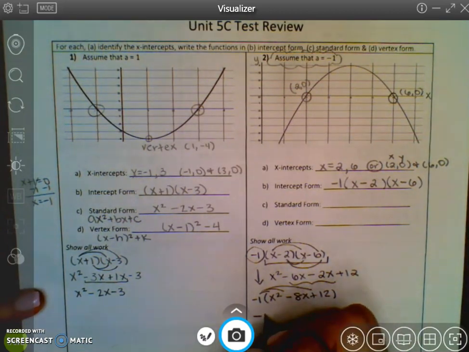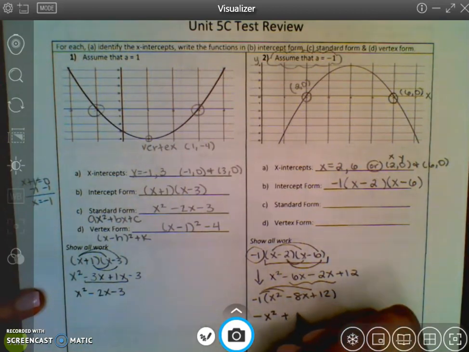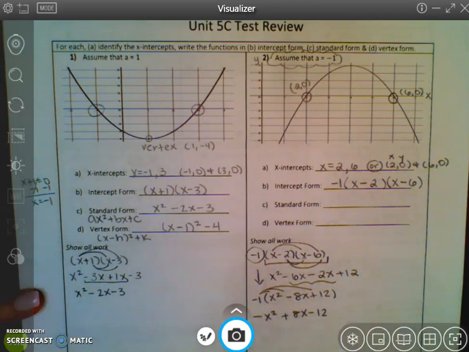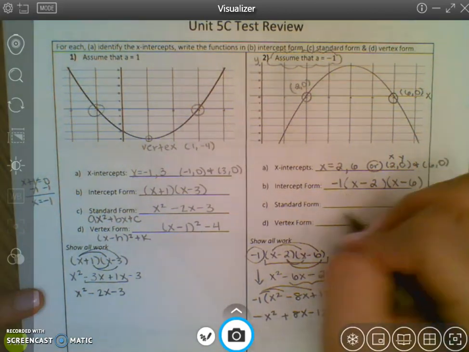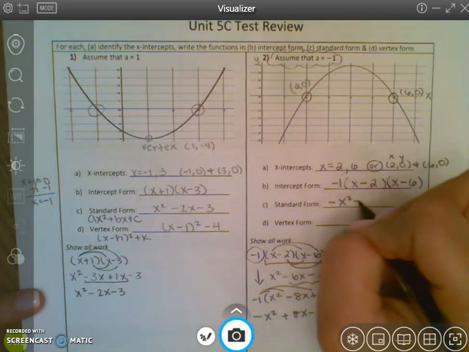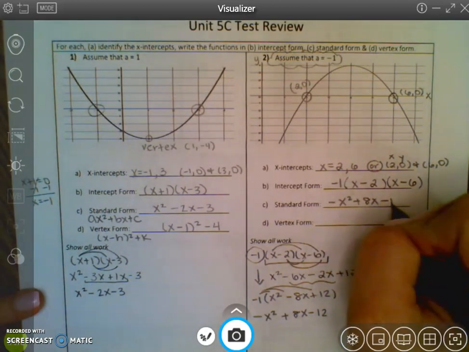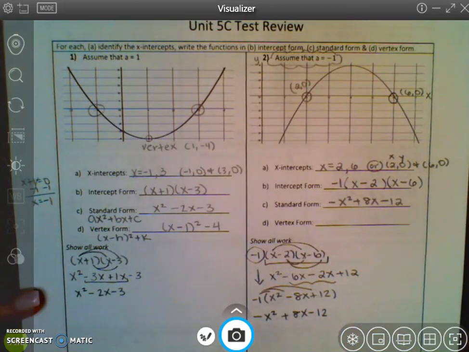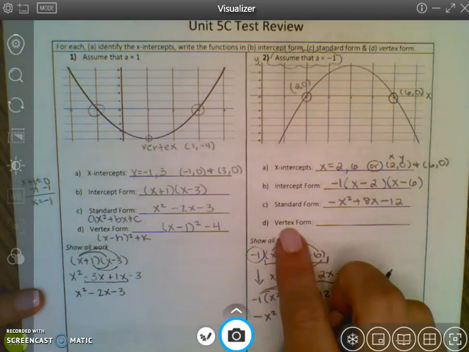Which is going to change all of the signs to be opposite because it's only a -1. So that's going to go up here because that's standard form.